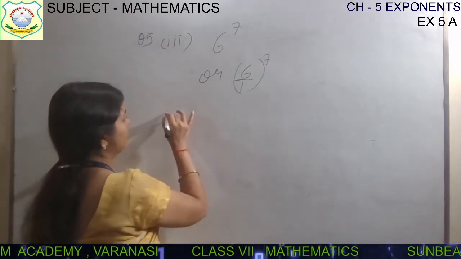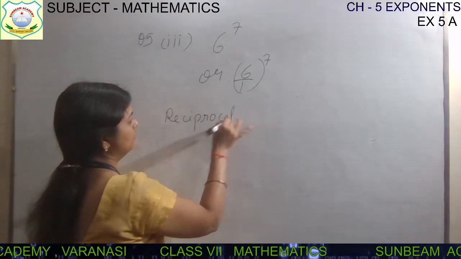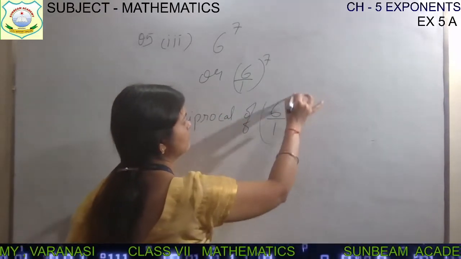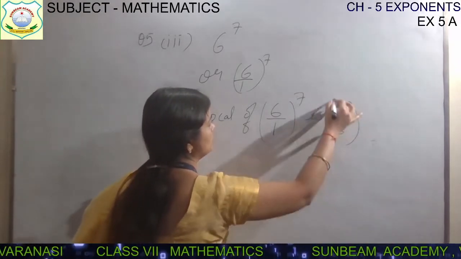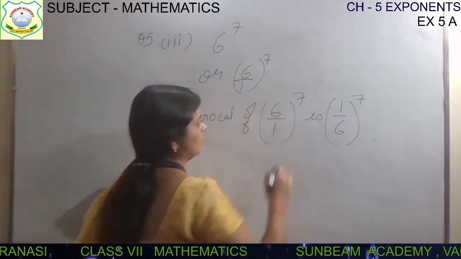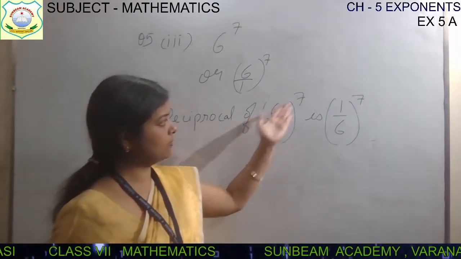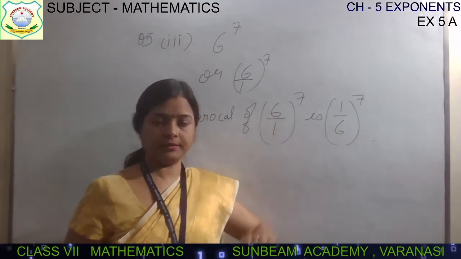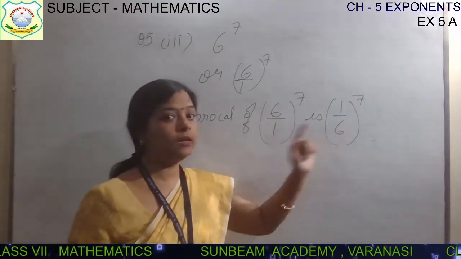So therefore reciprocal, now I am doing directly, reciprocal of (6 by 1) to the power 7 is 1 by 6 to the power 7. ठीक है, उल्टा कर दीजिए, पावर वही रहेगा. 6 to the power 7 नीचे आ गया, and 1 to the power 7 will go in numerator. This is the reciprocal. They are not at all equal. ये इसके इक्वल नहीं है.